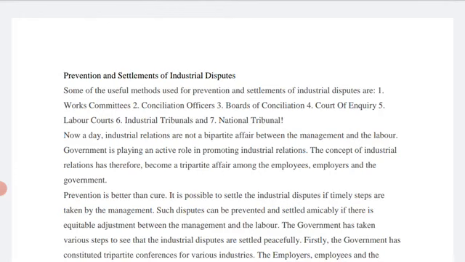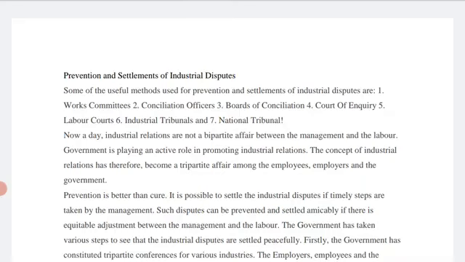If the employer doesn't pay attention to the grievances of the employees, if he doesn't look after the grievances and they are not redressed, and if they are prolonged, then surely what will happen?